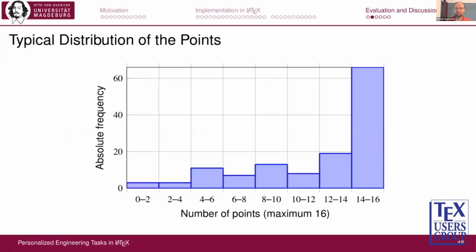So then, because these score lists are stored electronically and students submit in this e-learning system, you can do some statistics. So look at the typical distribution of the points, for example, and then most of the students really get full points or almost full points. Why? I mean, they have 1 week to solve these tasks. They can do lots of checks.